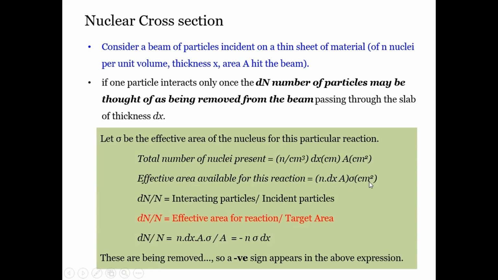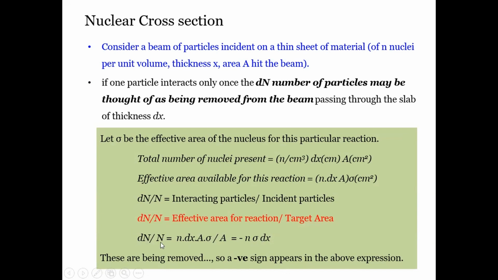Now we talk about dn over n, which is the interacting particles per incident particles, or the effective area of the reaction divided by the target area. So both are the same. Therefore, this term n multiplied by dx multiplied by A times sigma divided by the total incident area, A, the target area, is equal to n times the cross-section multiplied by dx.